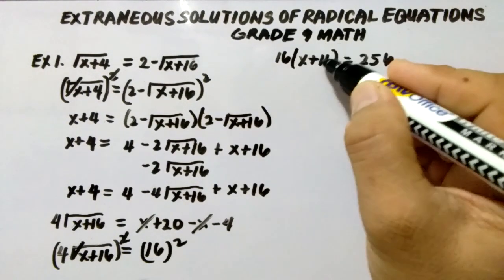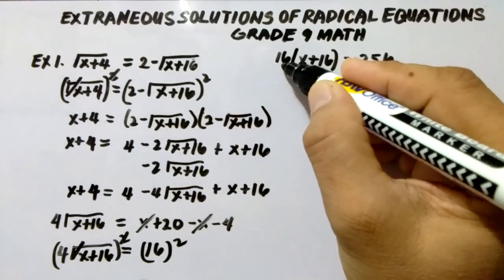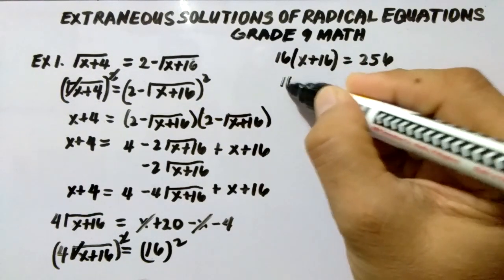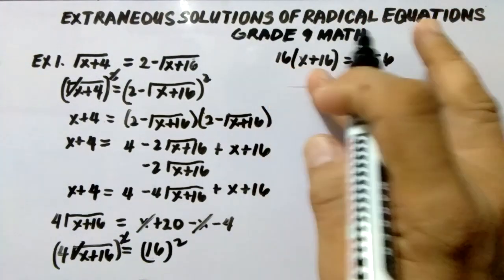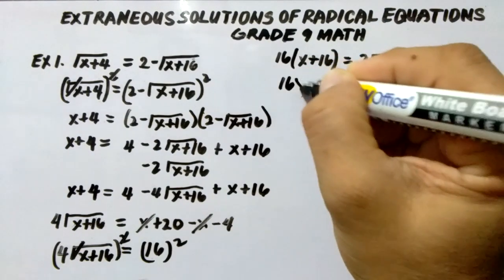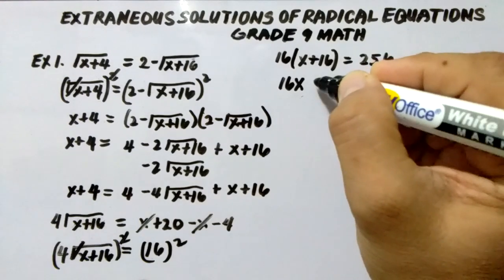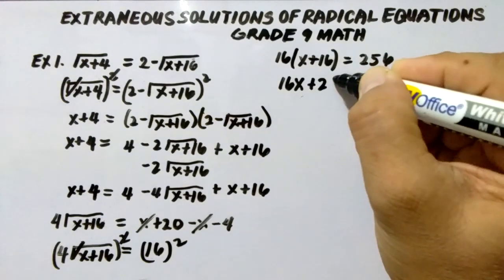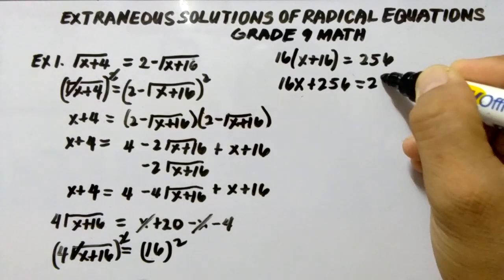Then, distribute po natin using distributive property of multiplication. So, 16 times x, that is 16x. Okay. Ulitin lang natin. 16x. Then, 16 times 16, that is positive 256. Is equals to 256.